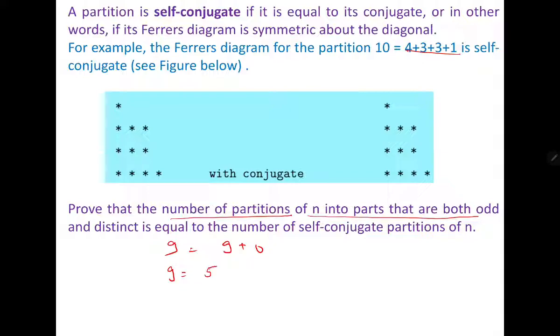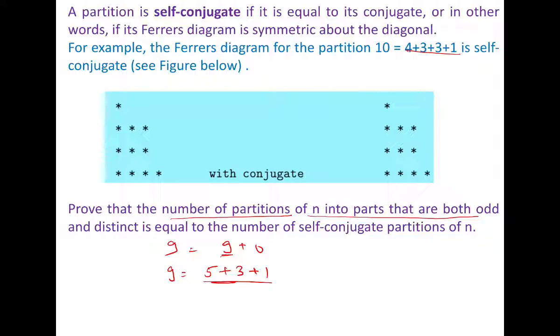Or I can see 5 plus 3 plus 1, which is again odd and distinct. But at the same time I must be able to find its Ferrers diagram which is self conjugate.